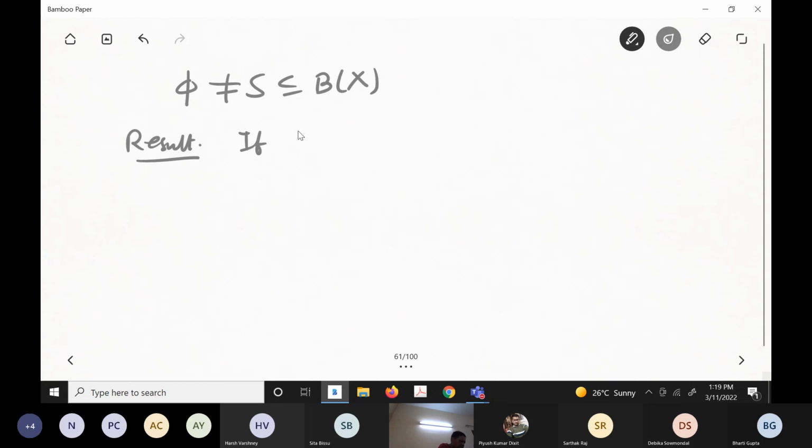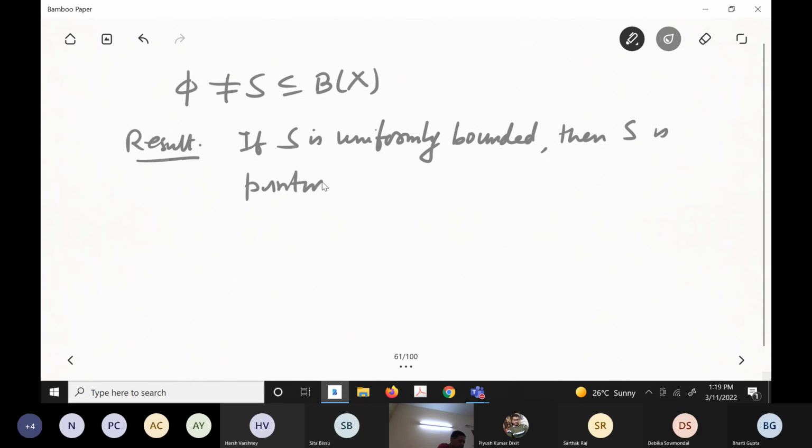If S is uniformly bounded, then S is pointwise bounded. Understood? But S uniformly bounded, don't forget, implies boundedness in this nonlinear space, the corresponding metric space.